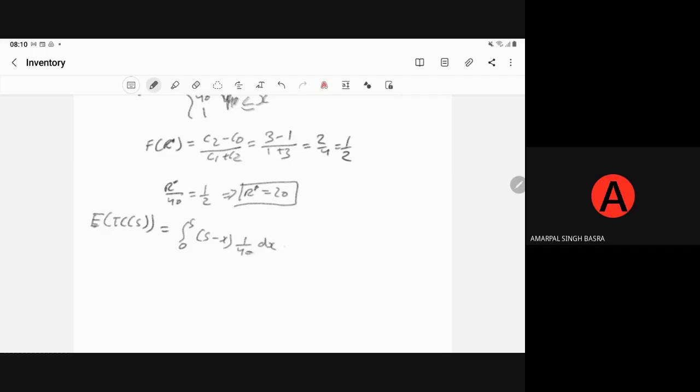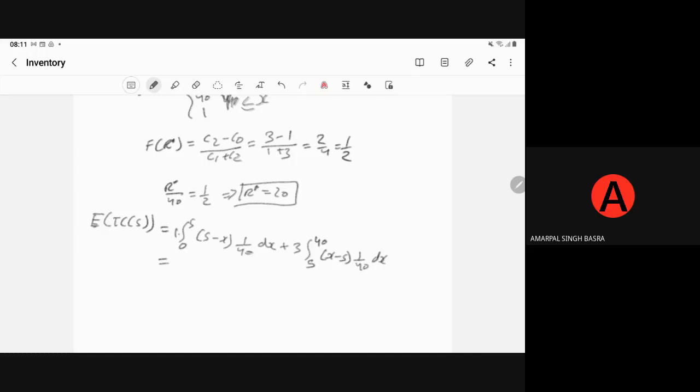That much you have to hold, plus C2, that is 3 rupees, and how much shortage can we have if the demand is more than 5 and up to 40? The number of shortage is x minus 5, and the probability is 1 upon 40 into dx. And here we have C1 given as 1 rupee.